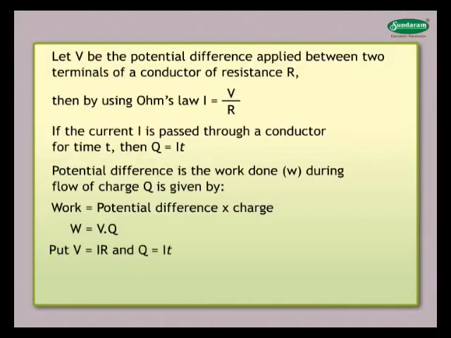Put V is equal to IR and Q is equal to It. W is equal to IR into It. W is equal to I square Rt is equal to VIt.